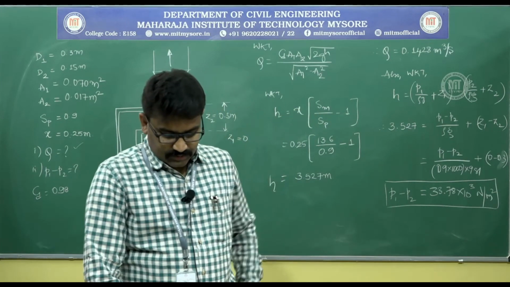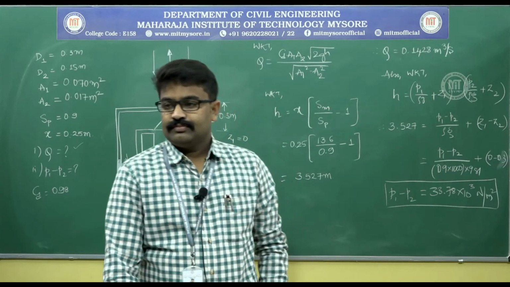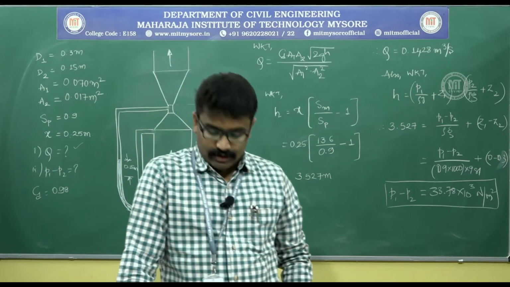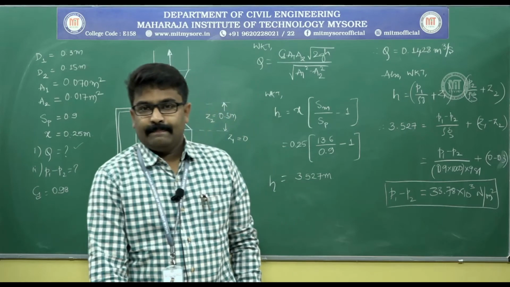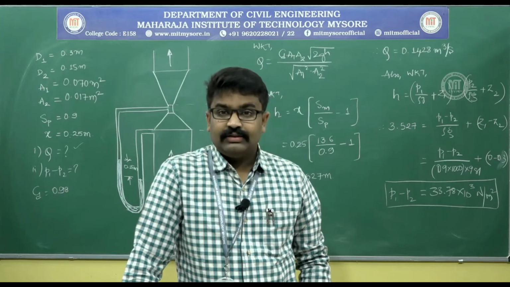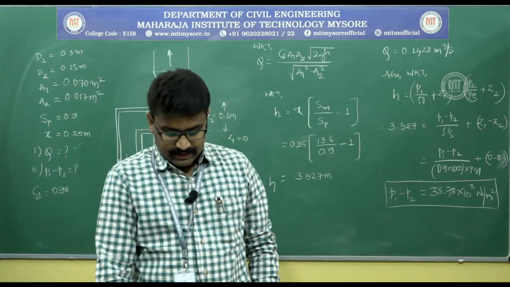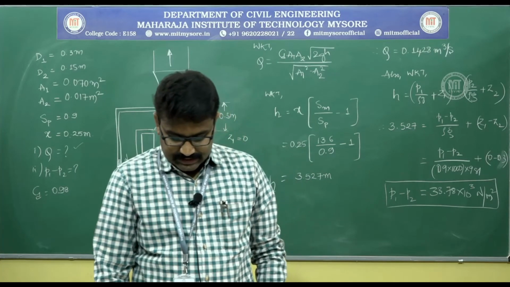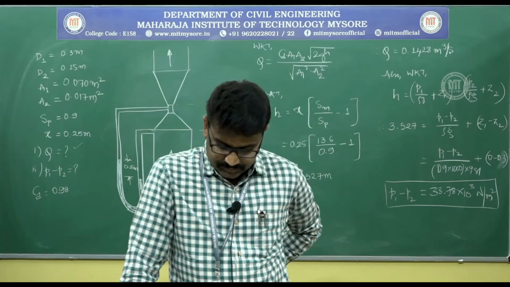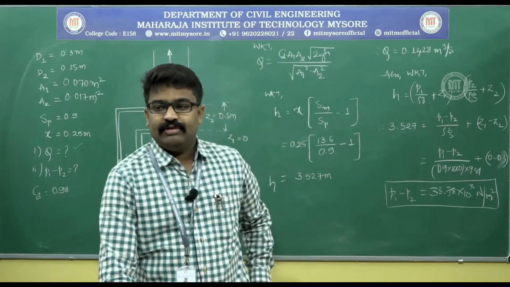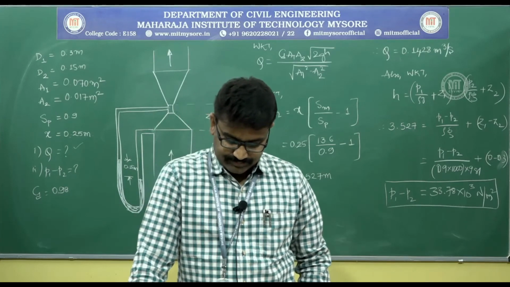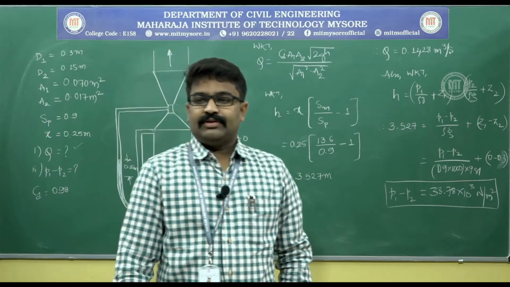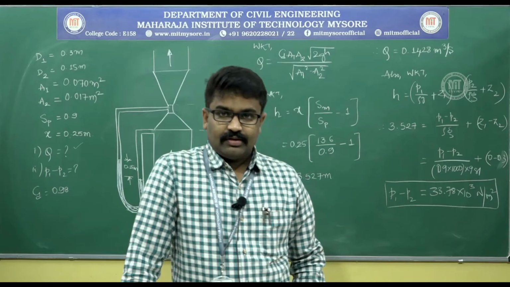Take the next problem. Find the discharge of water flowing through a pipe of 30 centimeter diameter, placed in an inclined position, where a venturimeter is inserted, having a throat diameter of 15 centimeter, full stop.